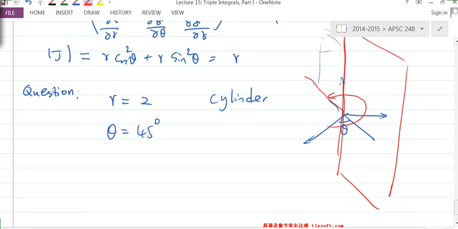Here's how you interpret these things, right? If I draw a line here and I say theta is 45 degrees, what does it mean? You pick a point here, a point here, a point here. What's the theta value corresponding to this point and that point? It's always 45 degrees, right? Now if I pick a point on the top of here, what's the theta value corresponding to this point and this point? 45.